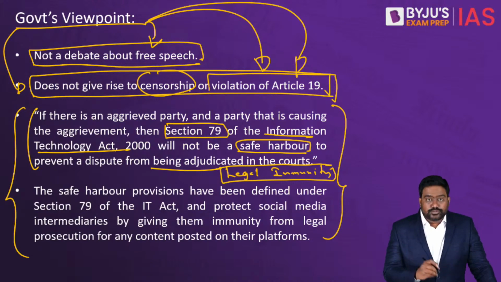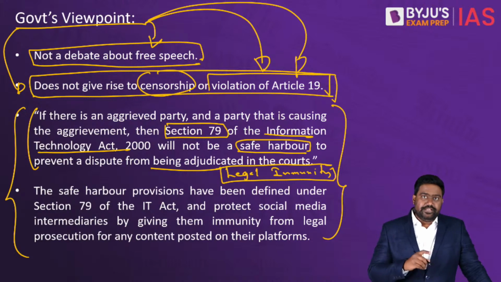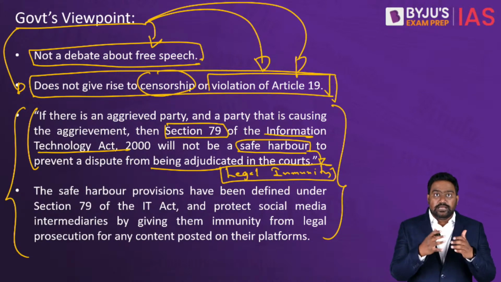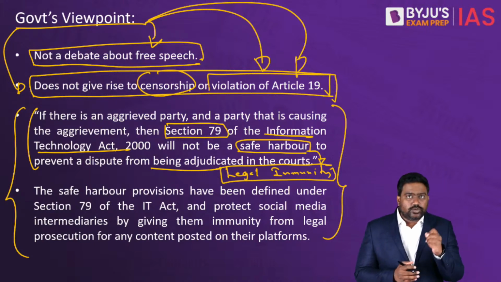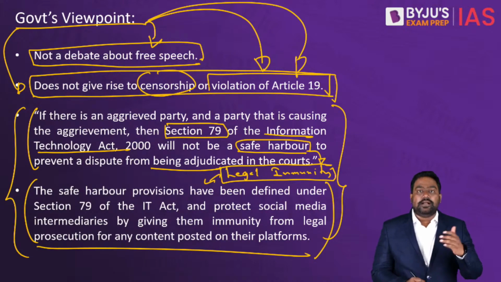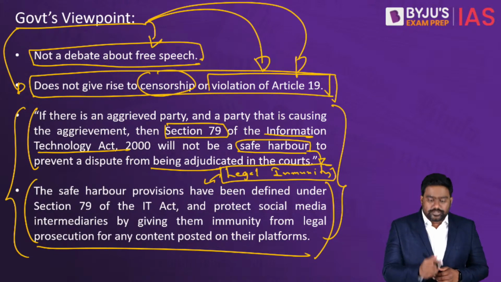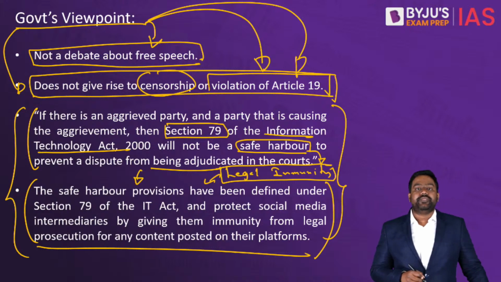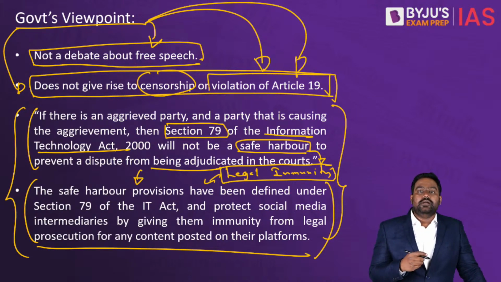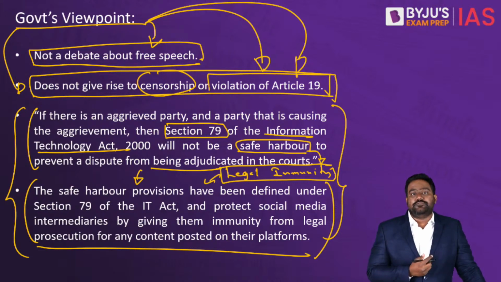Under IT Act of 2000, under Section 79, social media intermediaries, online intermediaries, they had been given a safe harbor, a legal immunity. According to this provision, these companies, these third-party platforms, they wouldn't be responsible for the content posted on their platforms by the users. Now, let's say I have a Facebook account or I have an Instagram account. I post something objectionable or I post a fake news on these platforms.